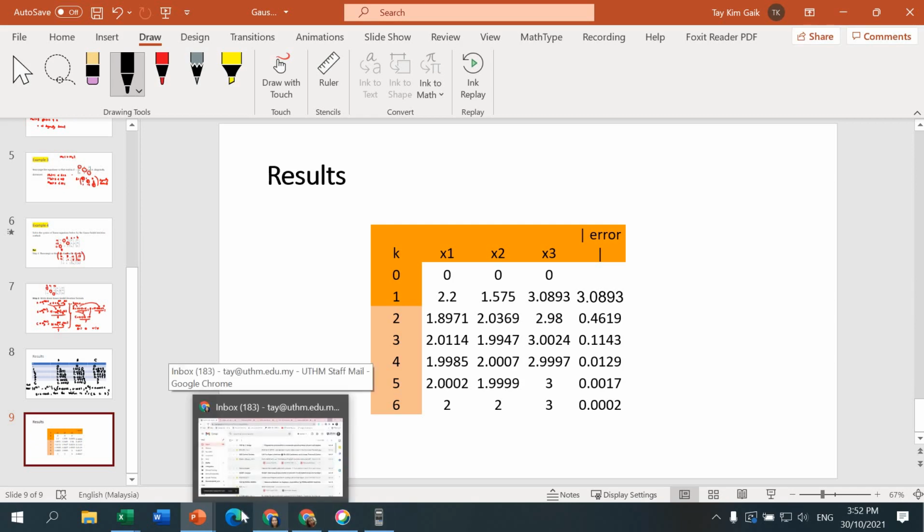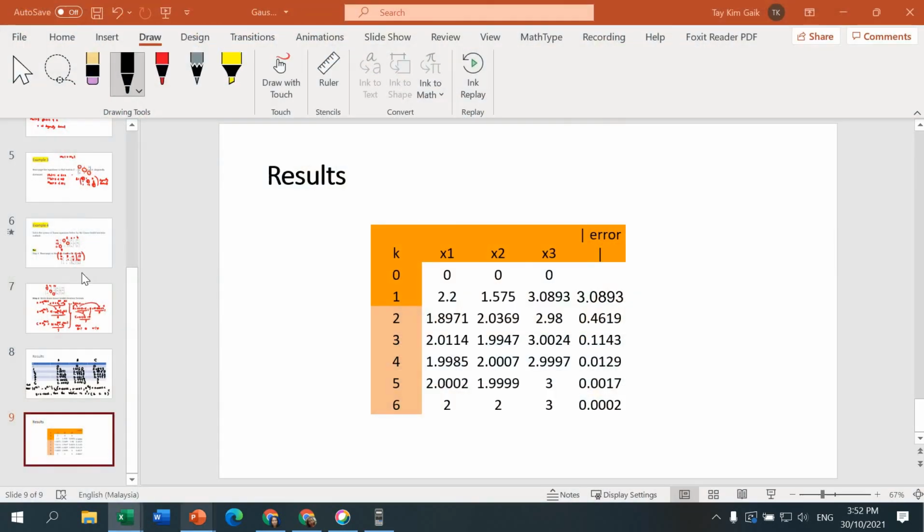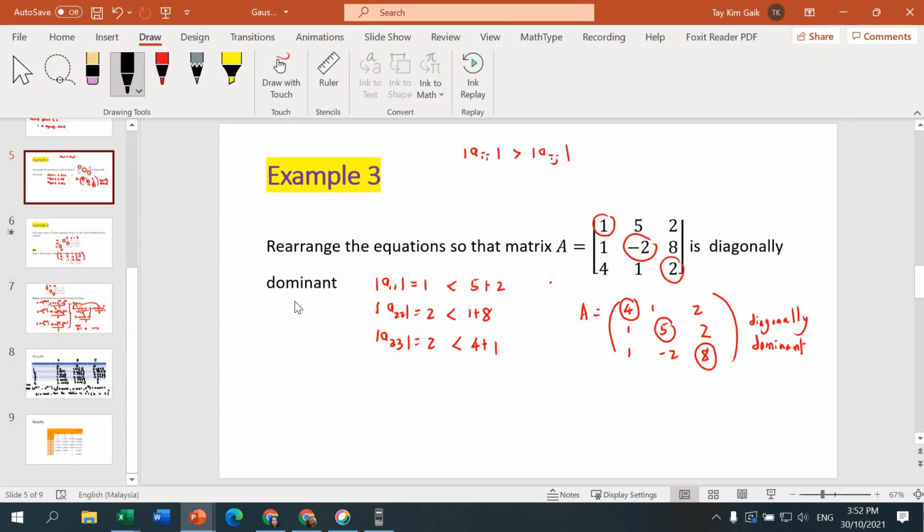Then I will show you how if we use Microsoft Excel. Copy the version.